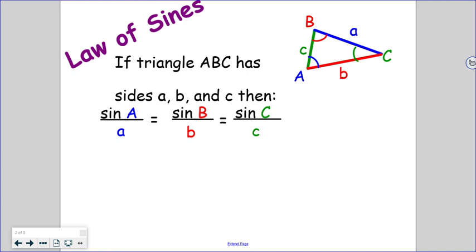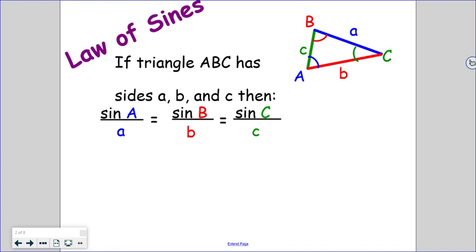And what it's saying is, if we were to take the sine of the angle A and put it in the numerator of this fraction over the length of side a, it would equal the same thing if I did it with angle B. So the sine of angle B over side b, the sine of angle C over side c. This is the format for this. You will only ever use two of them.